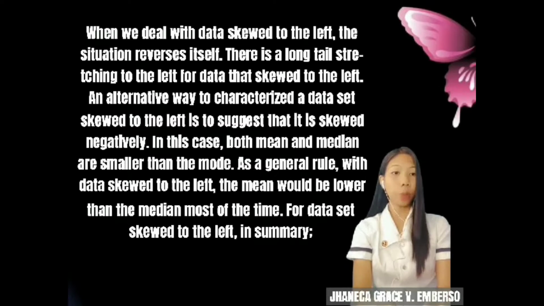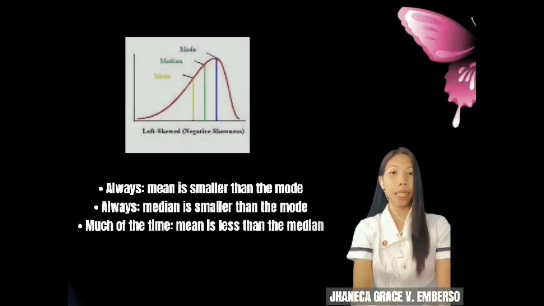As a general rule, the mean would be lower than the median most of the time. For a data set skewed to the left, in summary, always the mean is smaller than the mode. Always the median is smaller than the mode, and much of the time, the mean is less than the median.